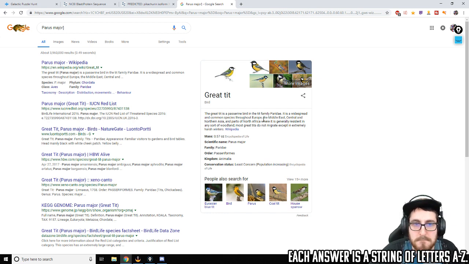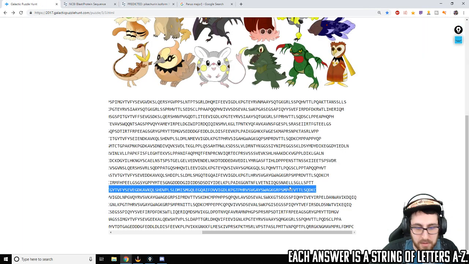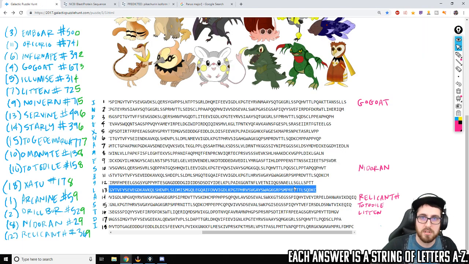Bird. Great tit. Anyway. Widespread common species. Blah, blah, blah, sort of woodland. Okay. Last one is black flying fox.